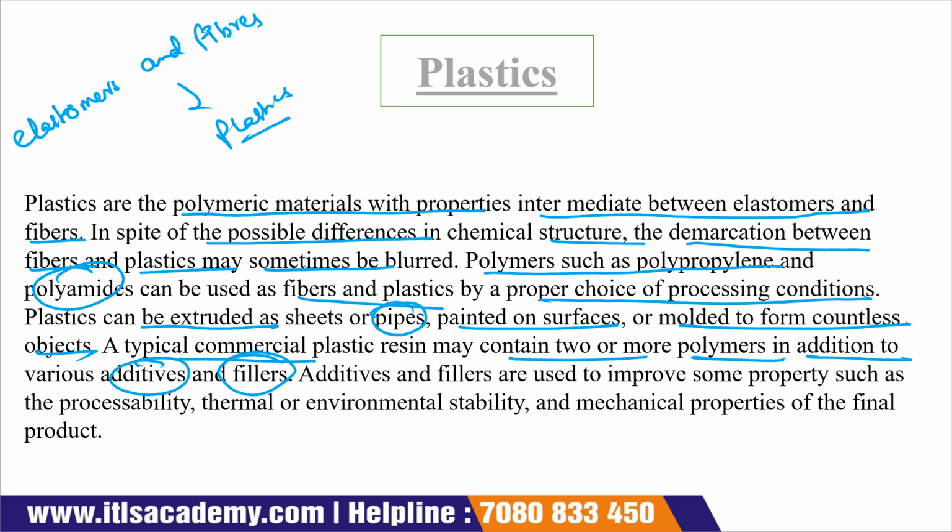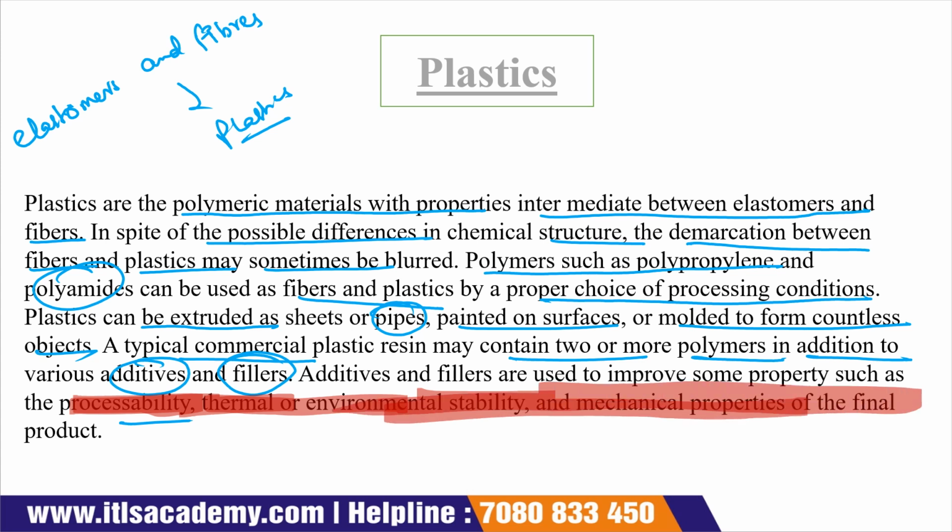Now, these additives and fillers are used so that they will improve the properties of this plastic, like the thermal processability, thermal or environmental stability, and mechanical property of the final product.